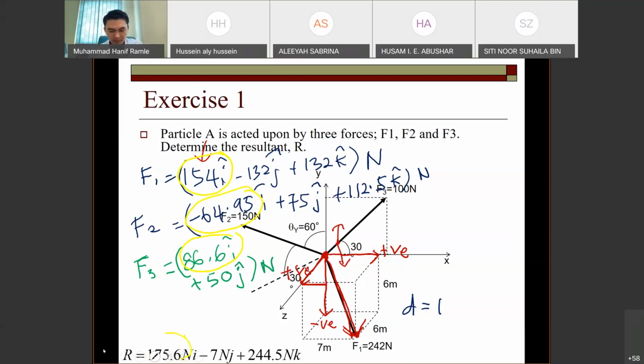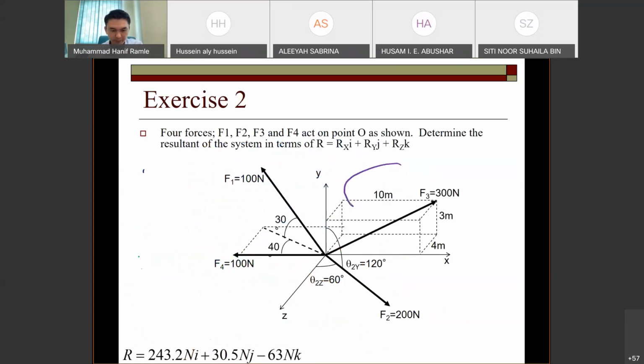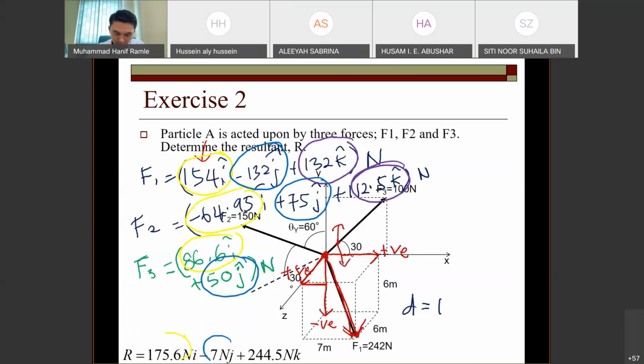And for the Y component, you add this one and this one. You will get this answer. And the last one, the Z component, only two Z components for F1 and F2. So you will get this answer.